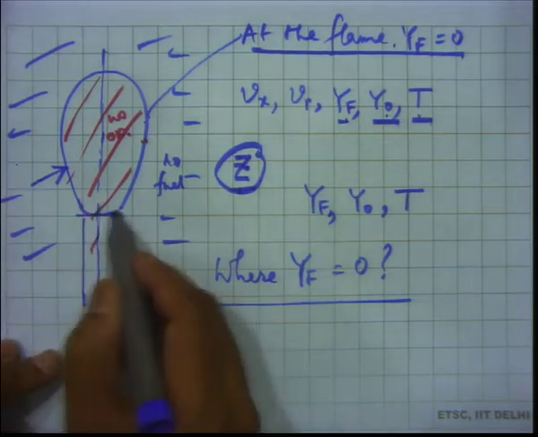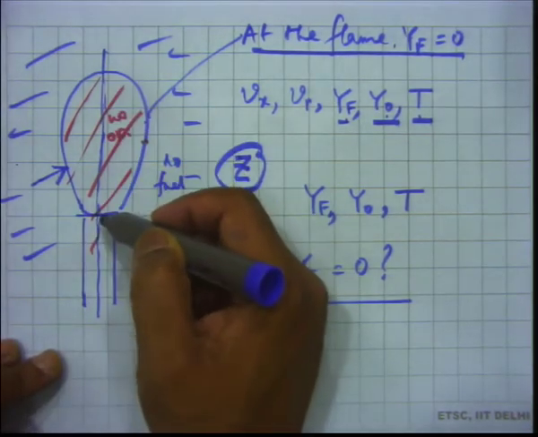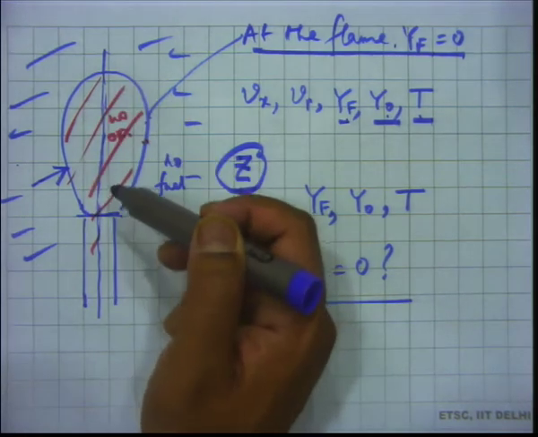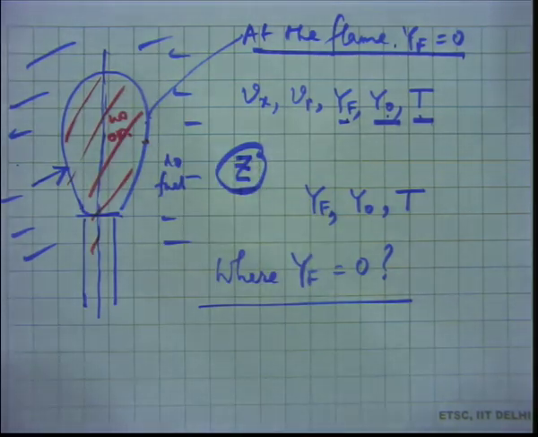I set one boundary condition here, one boundary condition on the center line, okay, and we are trying to set some boundary condition on the flame. So, I say at the flame you set YF equal to 0. Fine, it sounds all right. But then where is the problem? The problem is we do not know spatially where the flame is. We do not know where spatially the flame is. But that is one of the reasons why we do not want to solve YF directly. Okay, because we do not have prior knowledge of where the flame is.